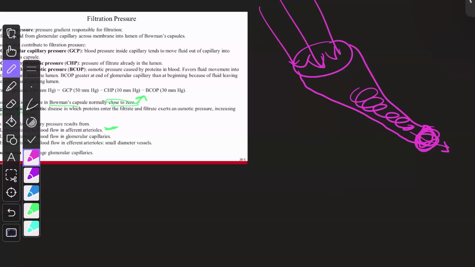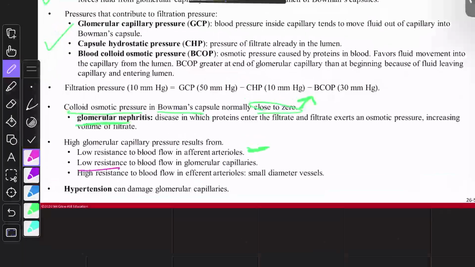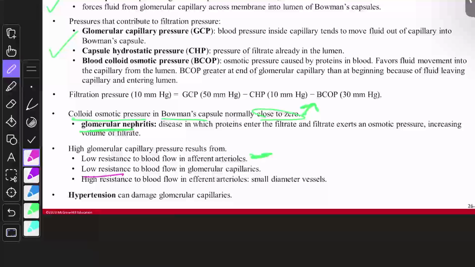Now, I can't go from here to here, right? It's got to be a gradual decrease. So I need a relatively low resistance to blood flow in the capillaries too. Because if I don't have a low resistance to blood flow in the capillaries, what's going to happen to my capillaries? They're going to explode.